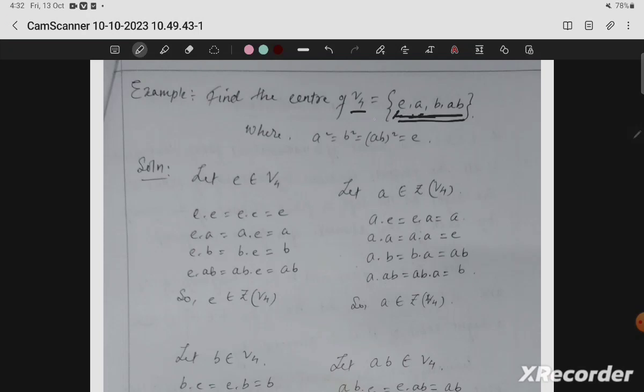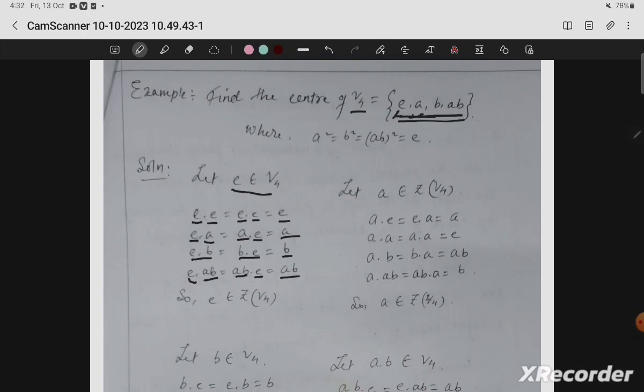Let's take e. e belongs to V4. So e with e will give us e, and e with a equal to a with e will give us a only. e with b or b with e will give us b. e with ab or ab with e will give us ab.